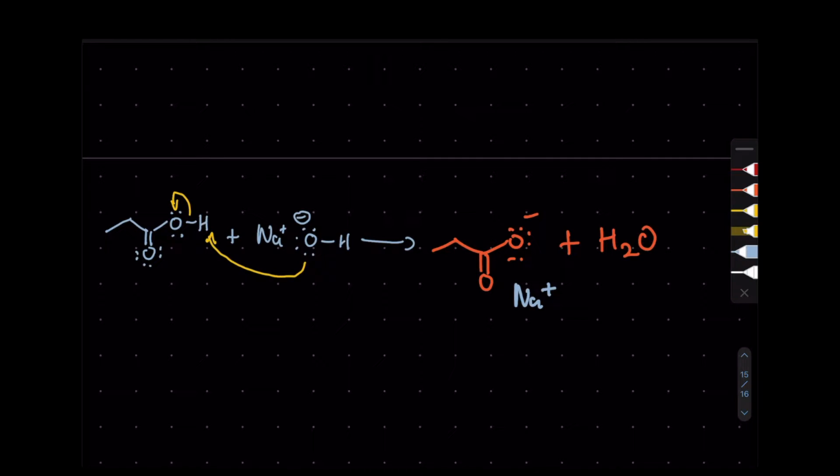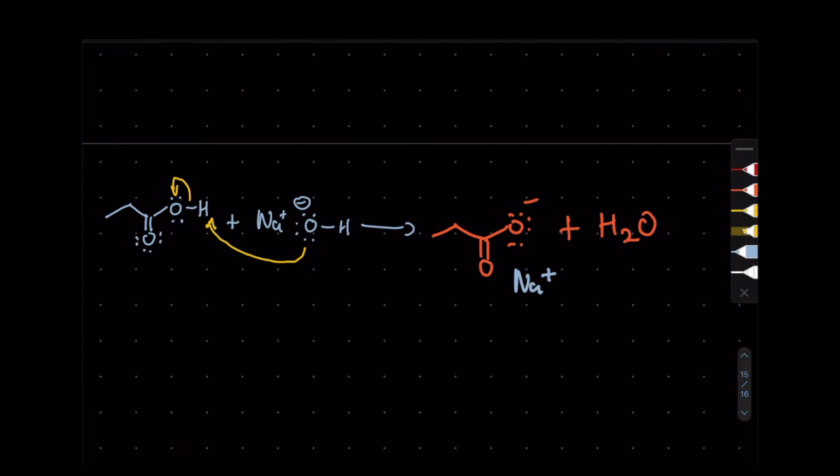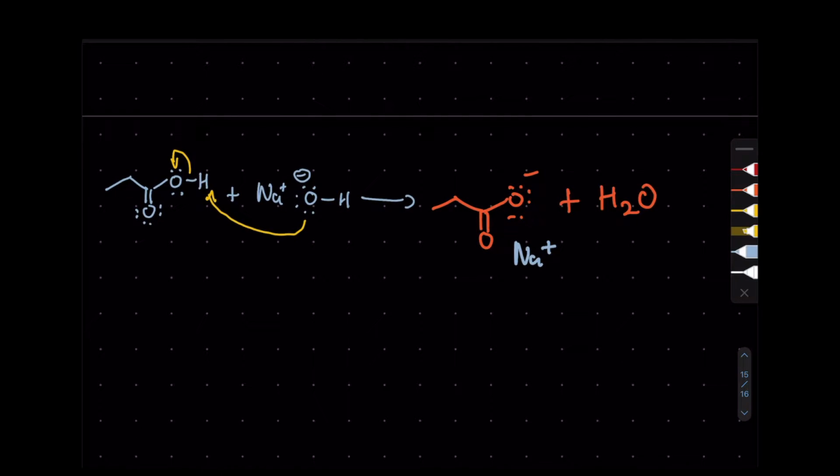Sodium sort of floats near, or is attracted to the negative charge, so it will float near the negatively charged oxygen in the carboxylic acid's conjugate base. So this is our conjugate base, and this is our conjugate acid.